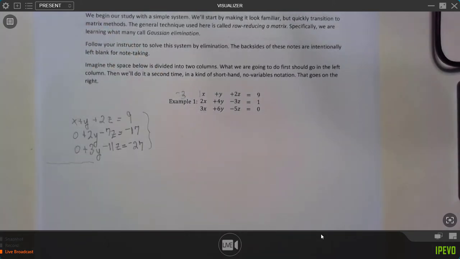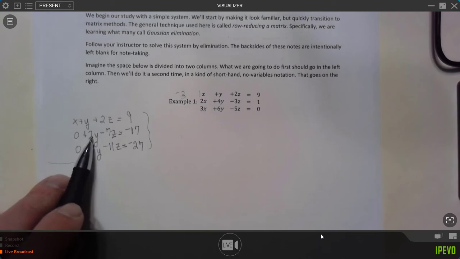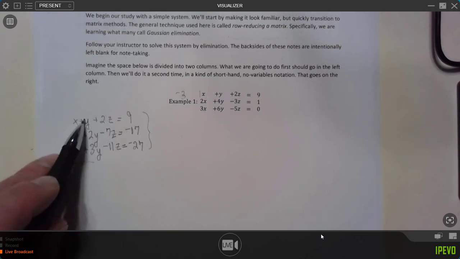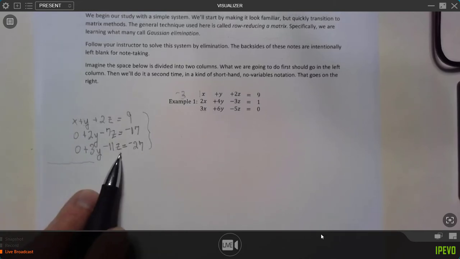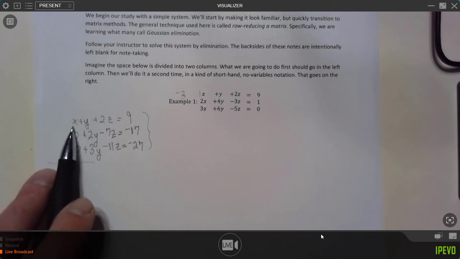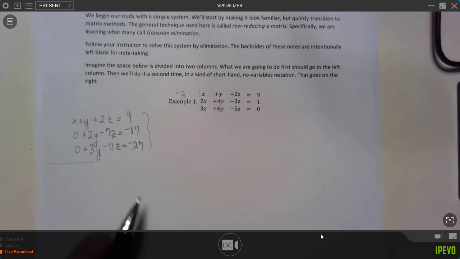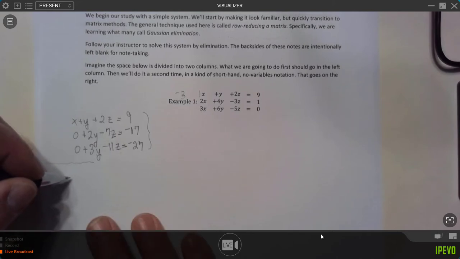So I'm going to try to get a leading coefficient of 1 here, and then I'll be able to take multiples of this row and produce a 0 here and a 0 here. And the consequence will be this last equation will only have a z in it. The first equation will only have an x and a z, and then I'll be able to simplify further after that. So let's go after this one.